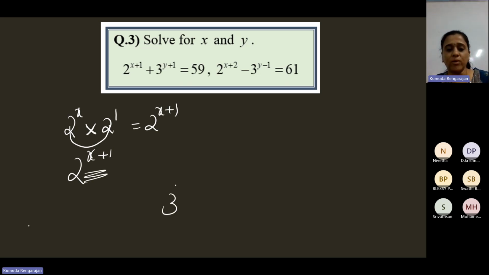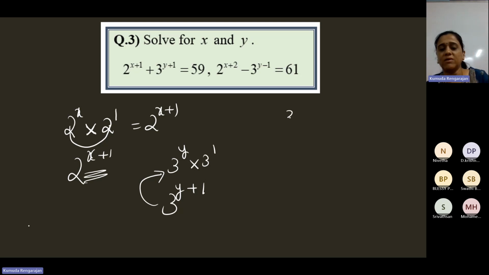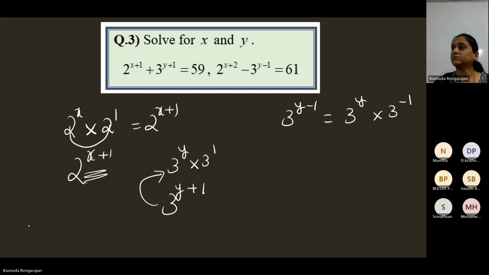Similarly, 3 to the power y plus 1. The earlier step will be 3 to the power y into 3 to the power 1. Similarly, 3 to the power y minus 1 can be written as 3 to the power y into 3 to the power minus 1. Okay.